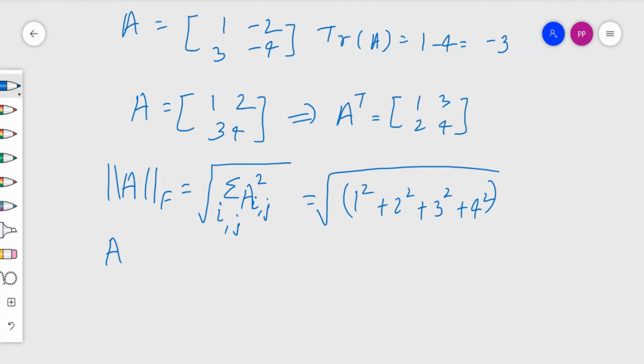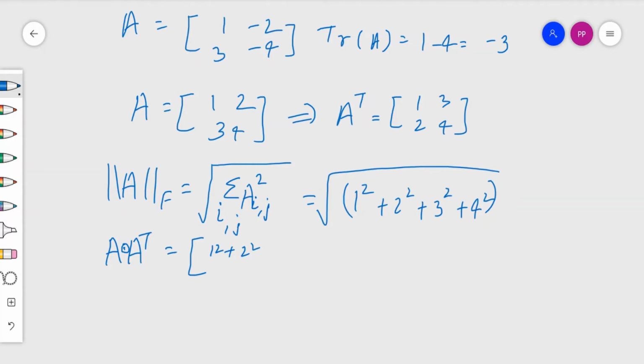So if I take A dot A transpose, the product is equal to, 1 square plus 2 square, then the row by column product, element by element multiplication.